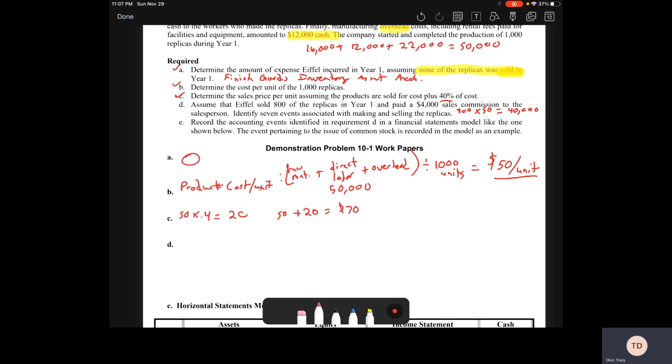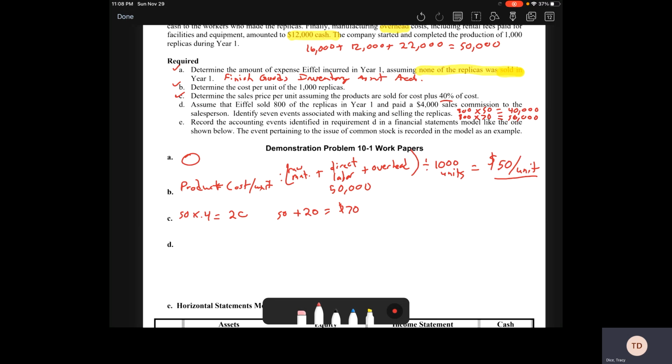So now we sold them, we're going to put this into our expense column in our income statement. So we're saying, all right, we've got $40,000 worth of goods sold. How much did we actually make on that? Well, let's do 800 times 70, because that's what we sell each one for. Should get 56,000.